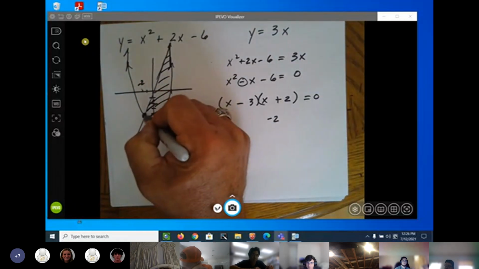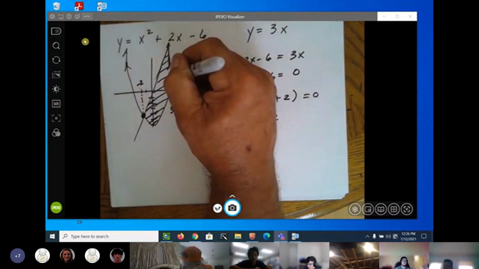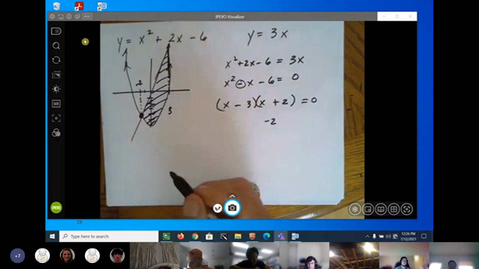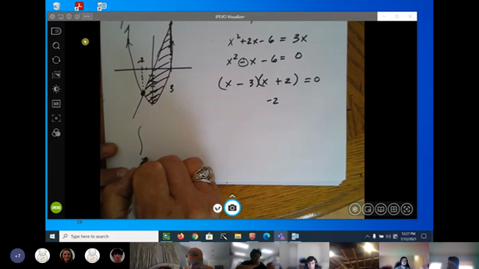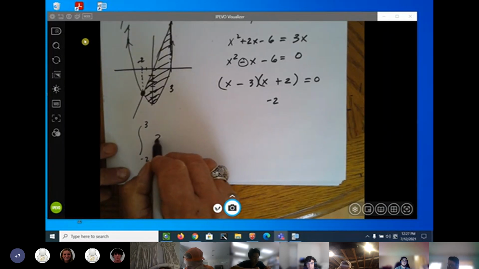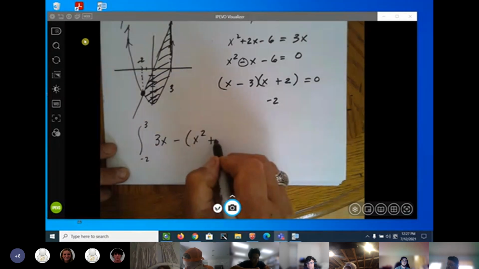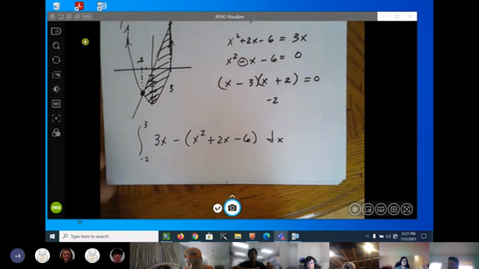So -2 is right there, and +3 is right there. So our antiderivative from -2 to 3 of 3x minus x squared plus 2x minus 6. There is your setup.